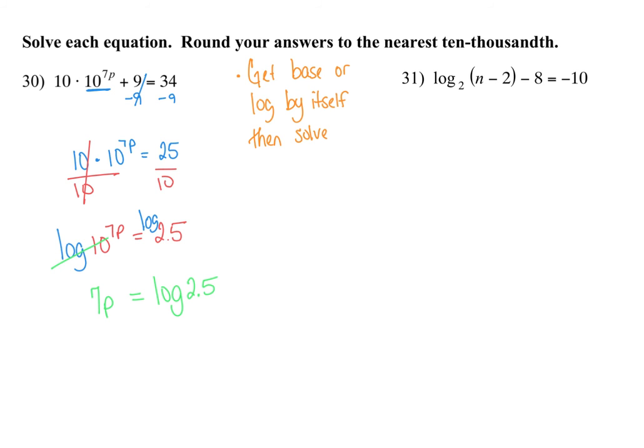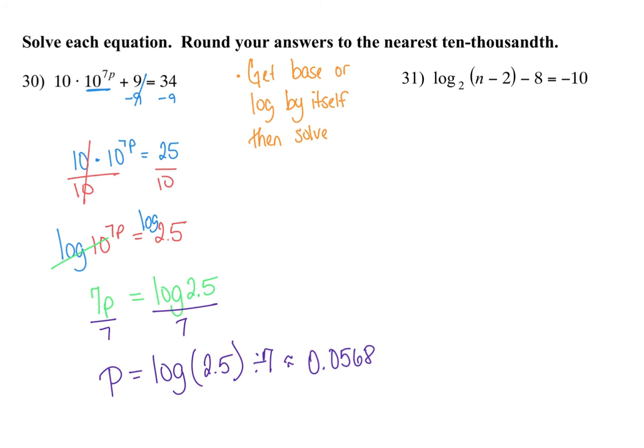And then now I just have a basic equation. I'm just going to divide both sides by that 7. So in your calculator, you can now do log, open parentheses, 2.5, close parentheses, divide by 7, and it wants you to round to the nearest 10,000th. That is 4 decimal places. So look at your fifth and round the fourth one based on that.